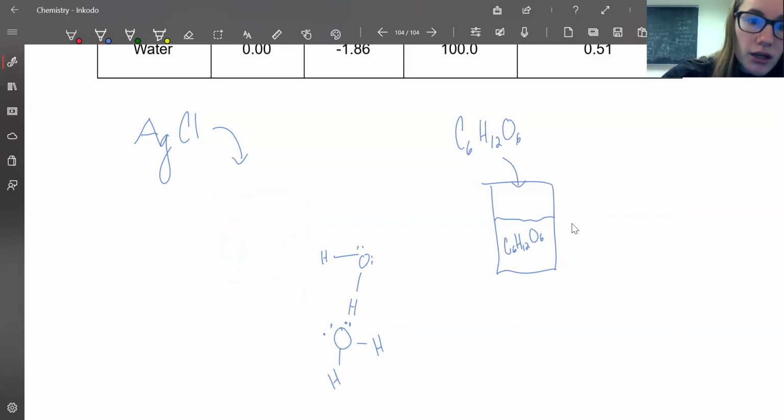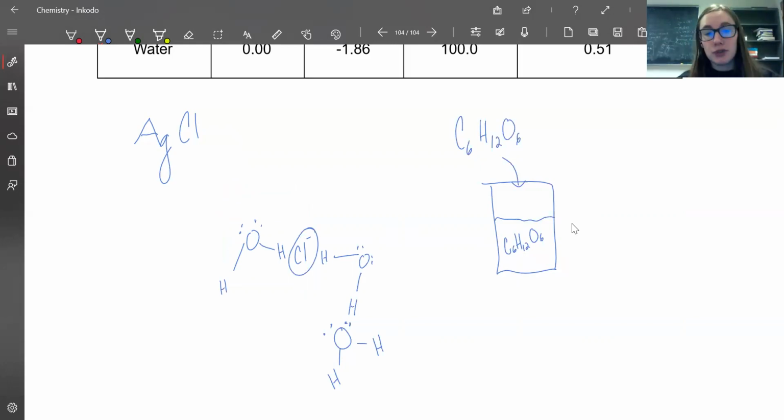So the issue with that, though, is let's say that you had a Cl in the middle. Well, now you've just interrupted that process of making solid water. This guy blocks it. So basically what happens is when you throw an ionic, or when you throw anything in water, it is going to kind of mess up that freezing process.